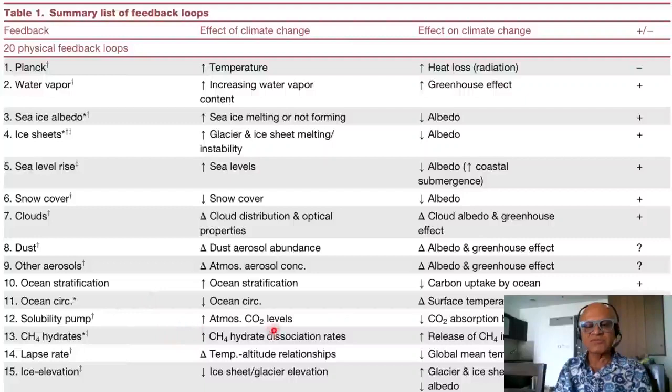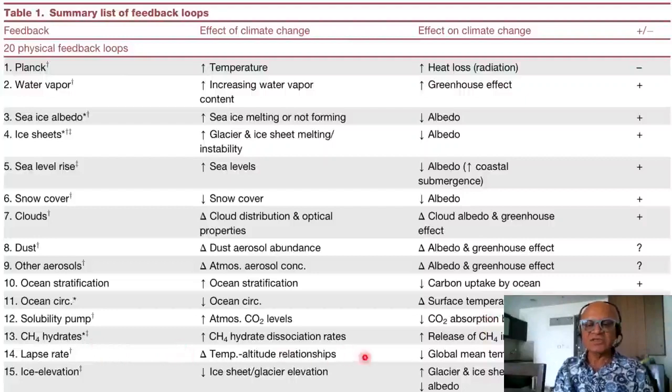Solubility pump, which is the ocean's way of circulating carbon with temperature effects and circulation. So CO2 absorption by the ocean can go down, so that can be positive feedback, but this again is slightly uncertain and not so obvious in terms of if the Southern Ocean, for example, is already having a net reduction in carbon sink or not, and whether the tropical Pacific response being more La Nina-like under global warming is taking up CO2 or increasing CO2 because of the outgassing from the ocean and so on and so forth.